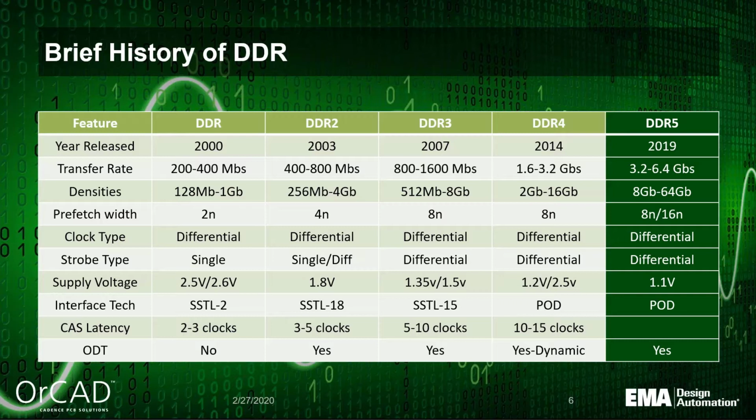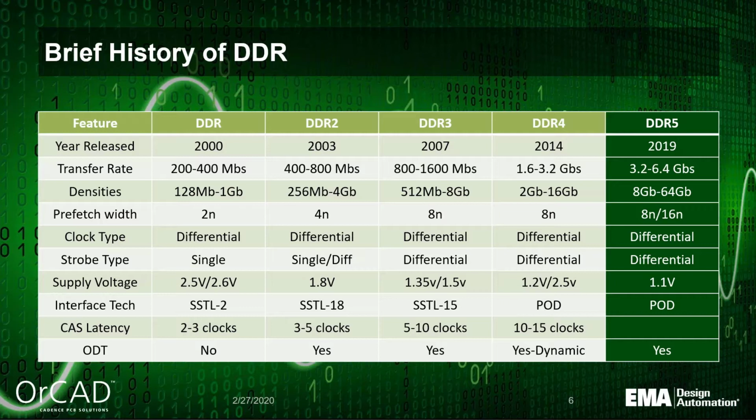DDR4 was first developed in 2014. The transfer rate essentially is up to 3.2 gigabits. And then the densities here again have doubled to 16 gigabits. Prefetch width pretty much stayed the same. We'll go into reasoning there, but that is more of an efficiency situation, through smaller word accesses. A large prefetch was considered not very efficient, so they left the prefetch at 8N.